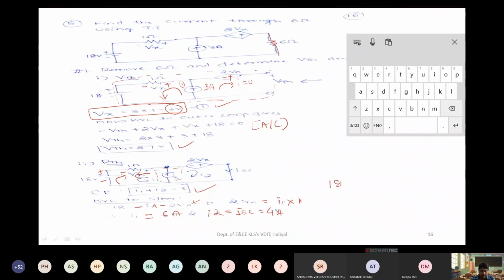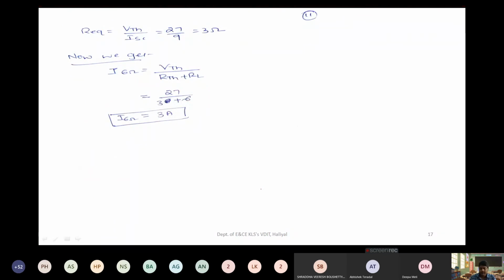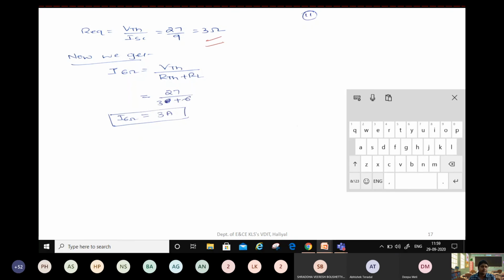So what you get is 18 minus I1 minus 2 times I1 equal to 0. That means I1 is equal to 3. Use this in this equation, you will get I2 also. Check that if you find any problems here, then you can just substitute the values and you will get the actual resistance value.